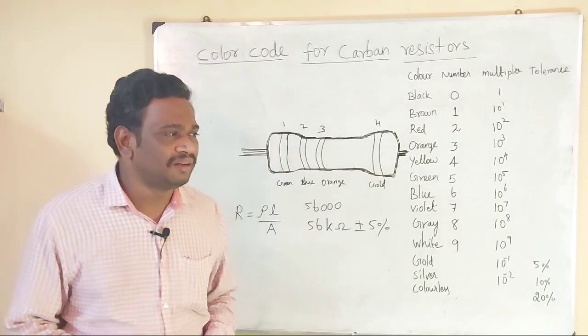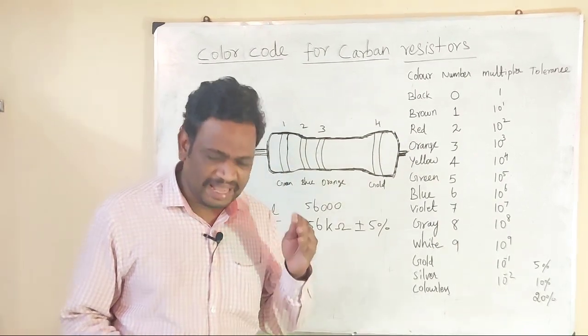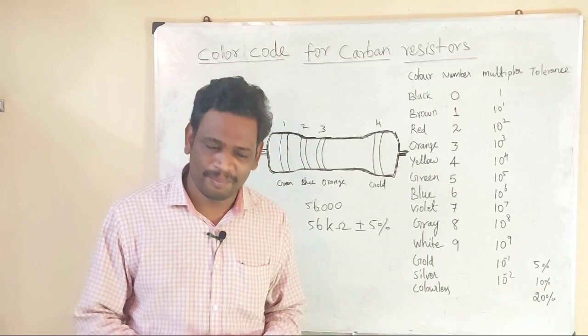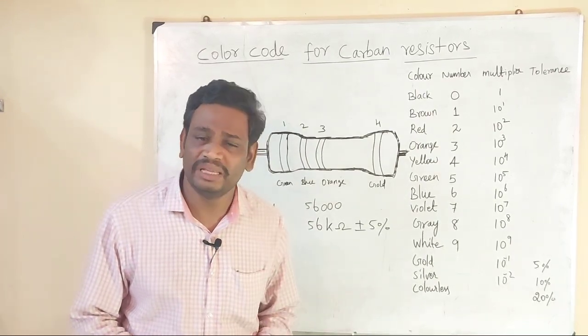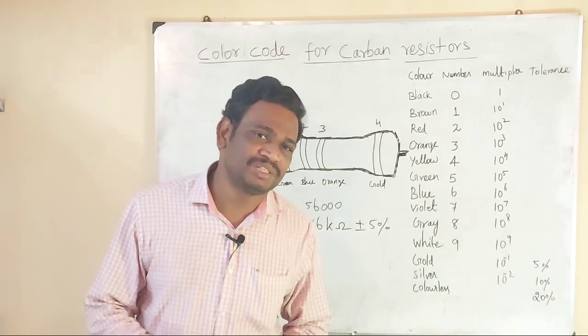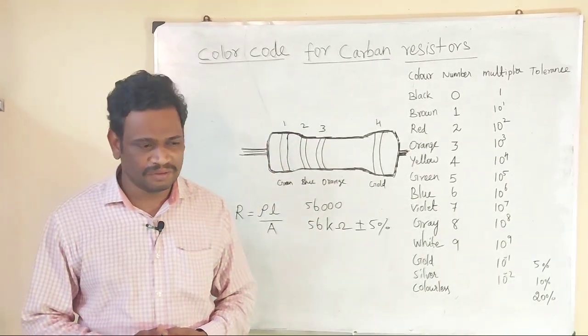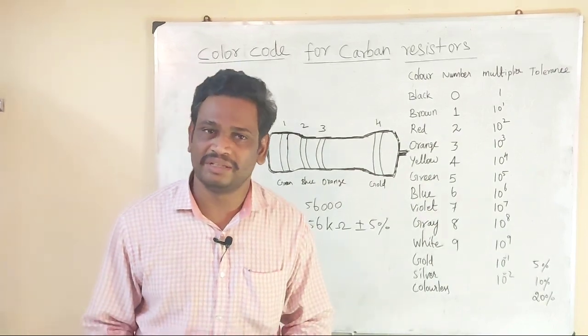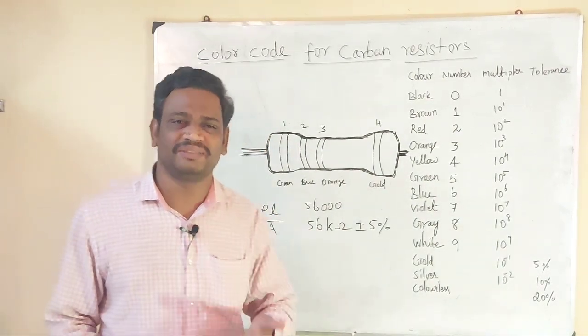And next, another important measurement device is the multimeter. It is very important. Every electrician will definitely have a multimeter, because multi means many, and meter is used to measure. So we can measure so many things.